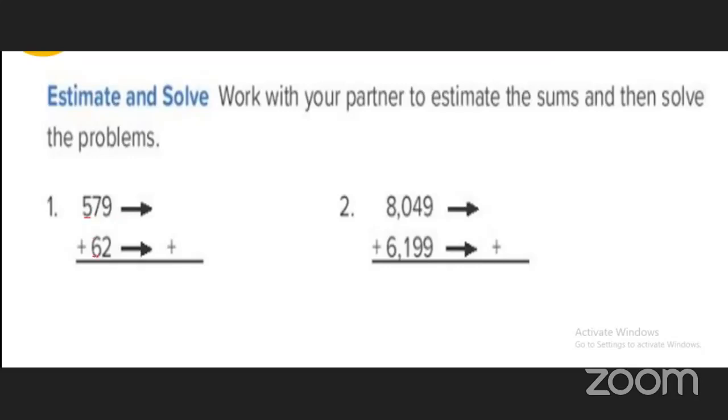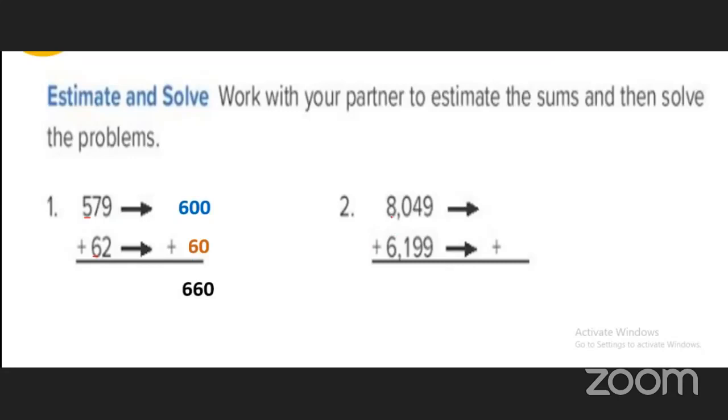Okay, so 579 will be, excellent, 600. And 62 will be 60. This is related to the highest place value. 600 plus 60 equals 660.